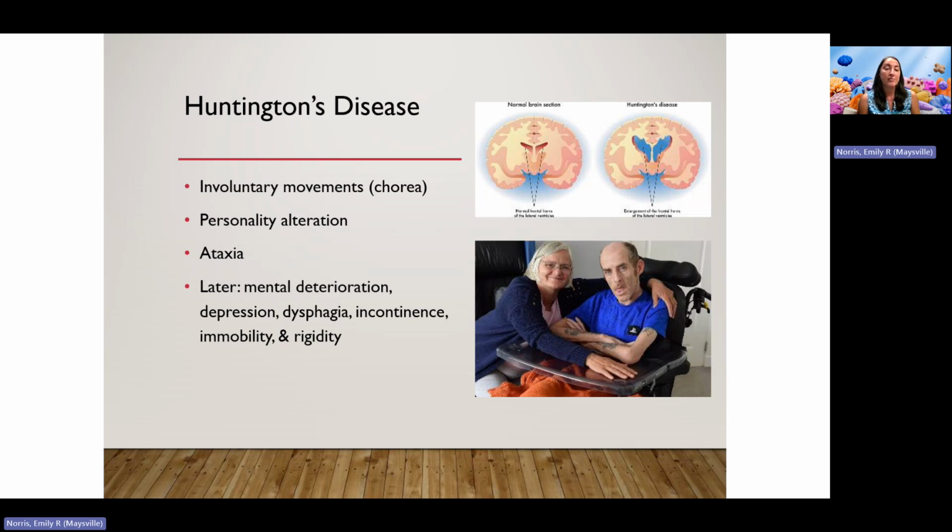And later in life, it also often causes mental deterioration, depression, problems with speech and swallowing, incontinence, immobility, rigidity. So you can imagine if you go from being an independent adult to losing the ability to control your bowel and bladder, or the ability to walk, or the ability to feed yourself, how depression could certainly be associated with that.